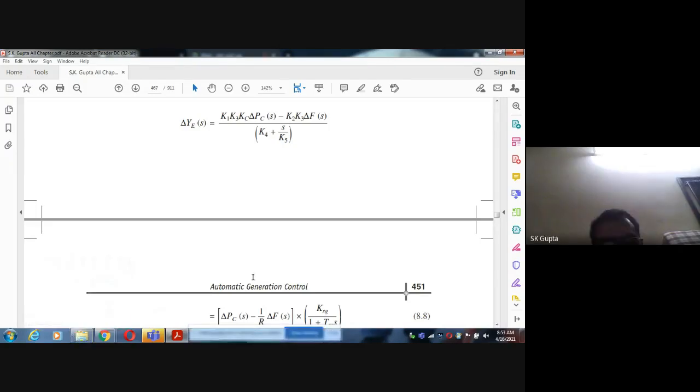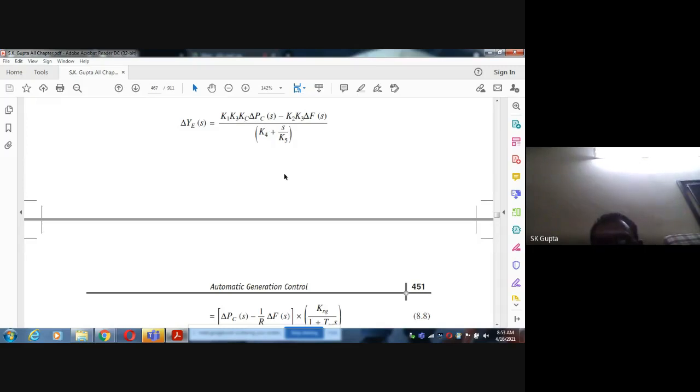So now we have written this equation again, you see, in a different form. This is Δ PC divided by K1, K3, Kc. If you divide this here, it will be only Δ PC, and K2, K3 divided by this K3 will be cancelled. Only here K2 divided by K1, Kc.